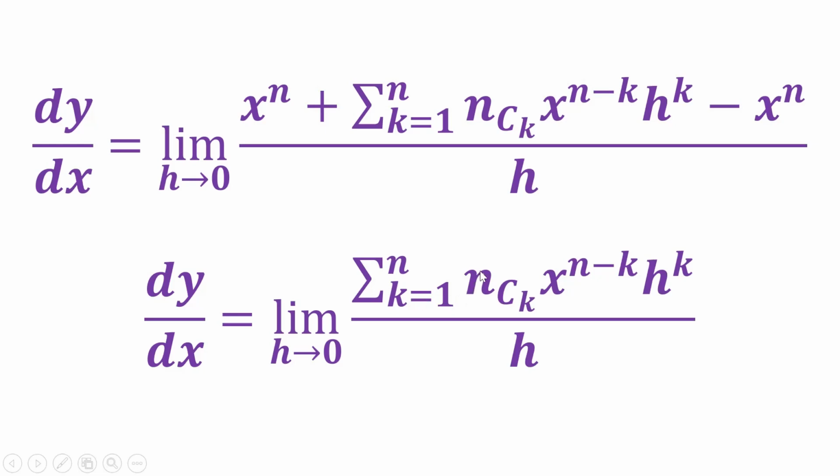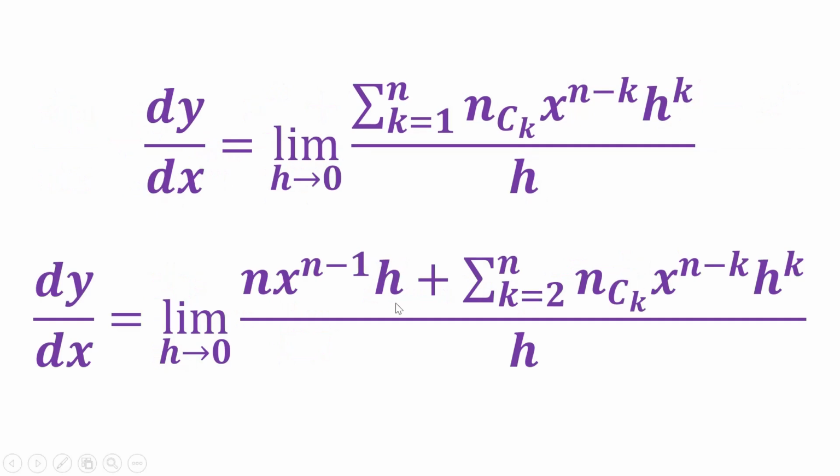That means here we are going to have n combination 1, which is n. Then we will have x to the power n minus 1. Then we have h to the power 1. And that means you have n x to the power n minus 1 times h. That is the term that is coming out. So when we pick that term out, now the summation will start from k equals 2. That is what we have now.